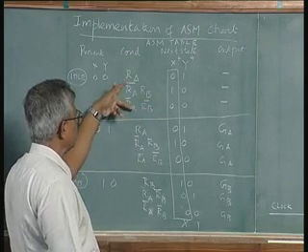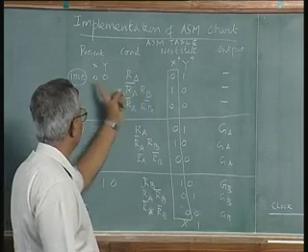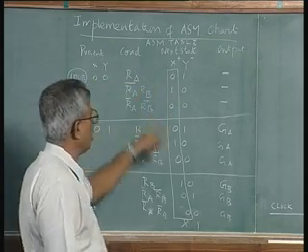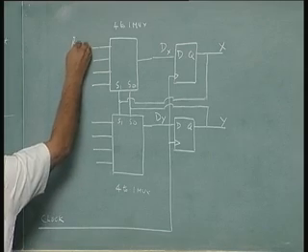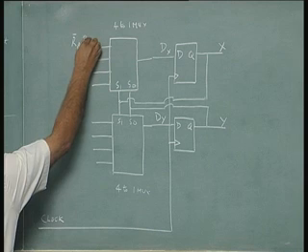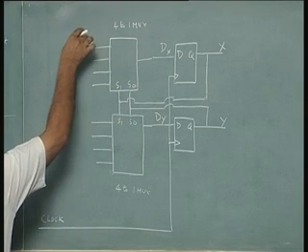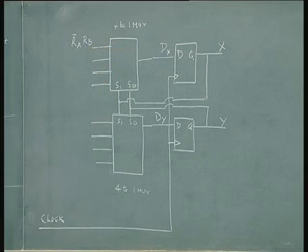For the other two conditions, x remains 0. So I will have to put here RA bar RB as the input to this, which will, if the condition is 0 0 and RA bar RB comes here as the input, then the flip flop has to change from 0 to 1.